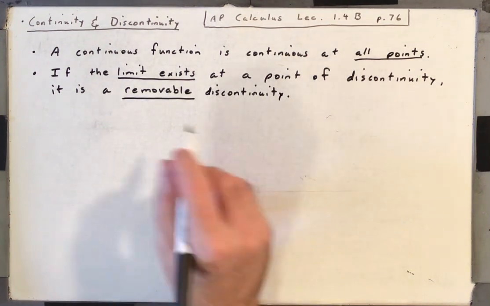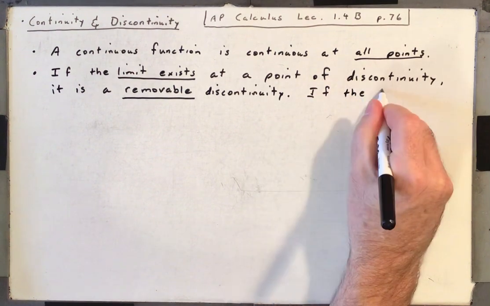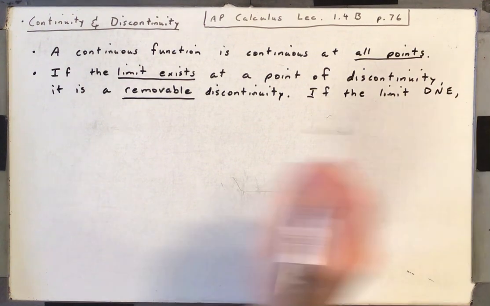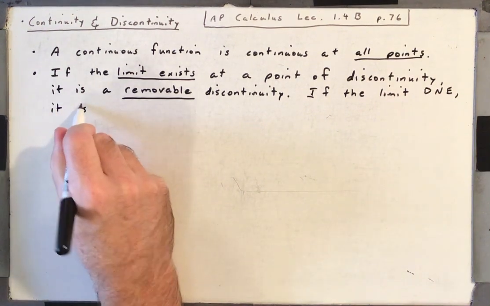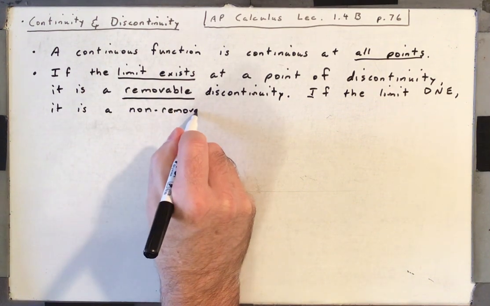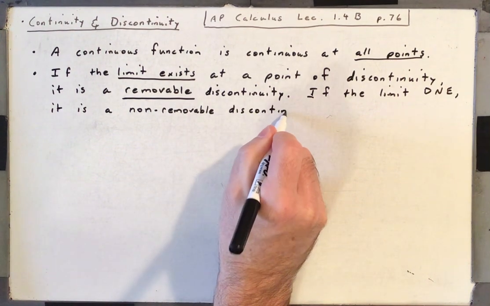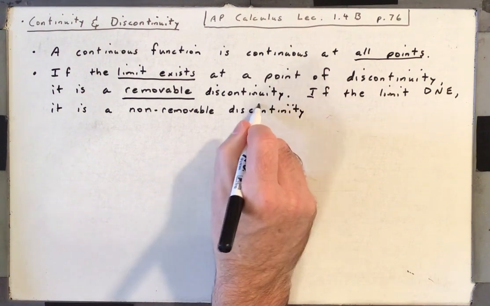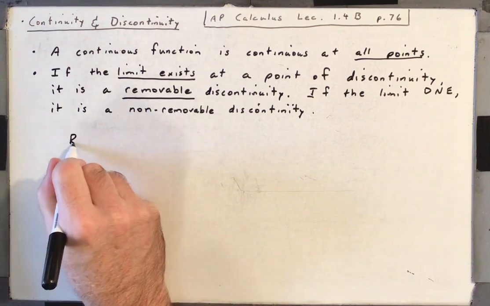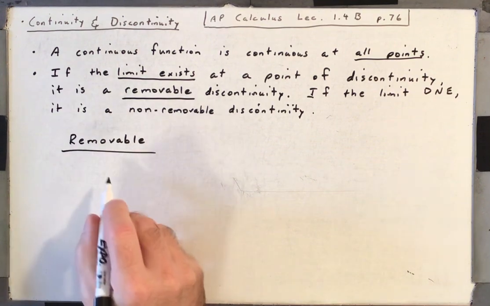If the limit does not exist, it is a non-removable discontinuity. Let me draw out what removable would look like.